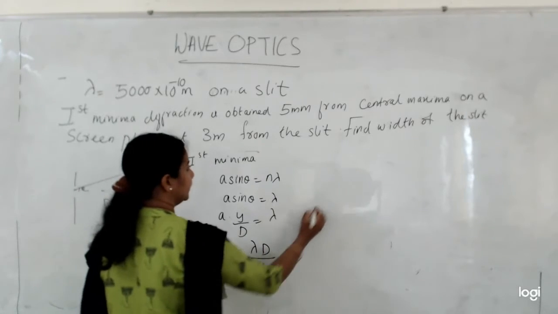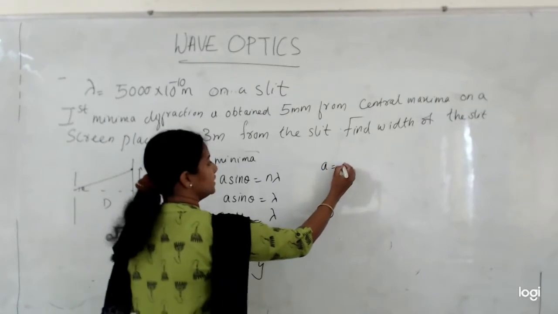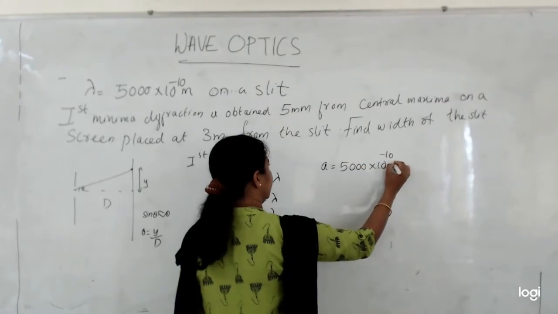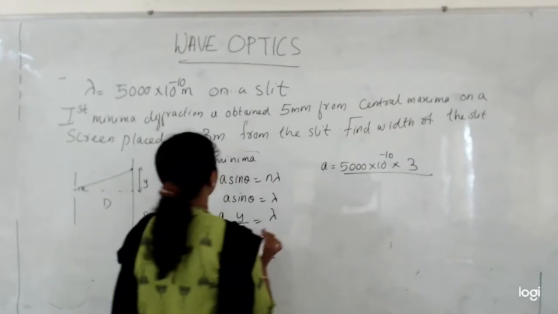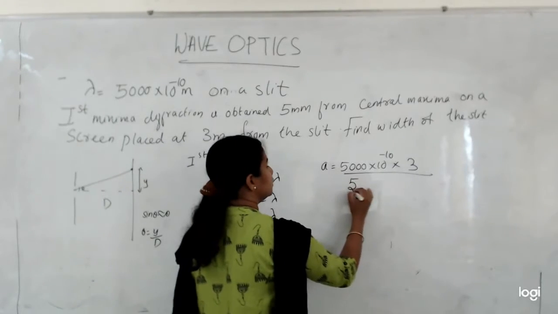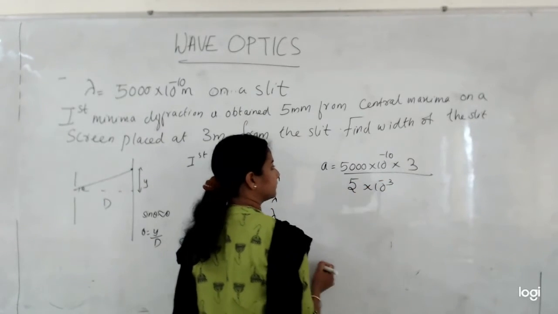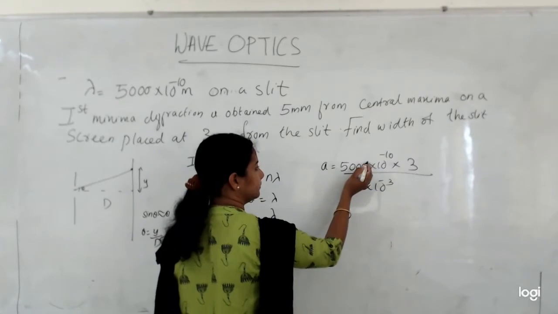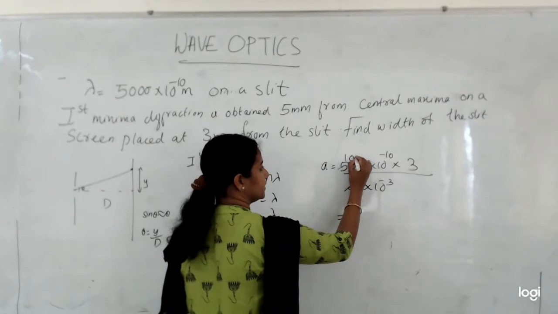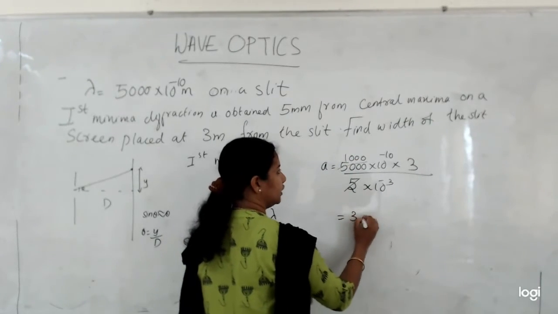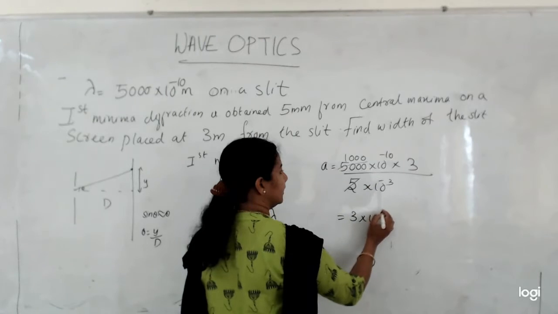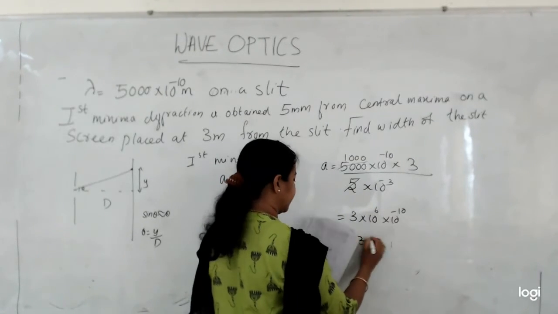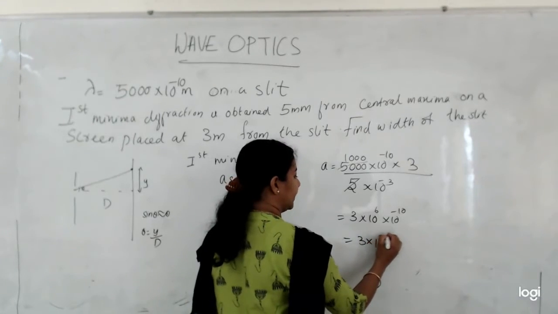Lambda is 5000 angstrom, 5000 into 10 power minus 10. D is 3 meter, y is 5 into 10 power minus 3. So I can cancel these two, we can write this as 1000. 3 into 10 power 6 into 10 power minus 10. That is 3 into 10 power minus 4 meter.